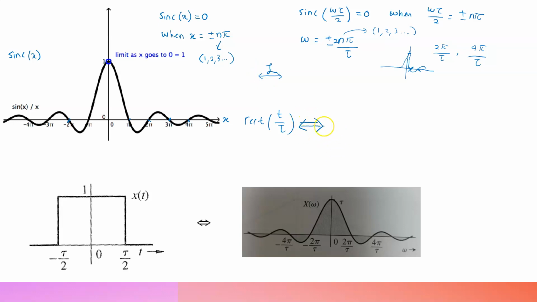So it is equivalent to τ sinc(ωτ/2). In the graphical form, this is the pulse gate in the time domain, and this is the Fourier transform, which is in ω. So you have here x(t) and this is X(ω).